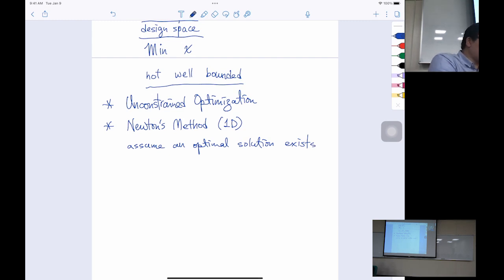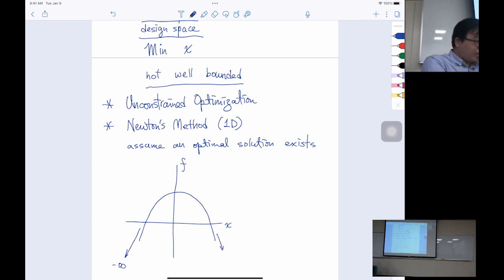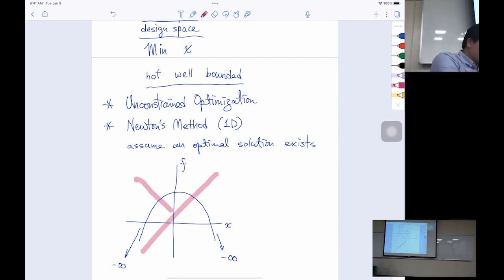So if I give you a function like this, and we are minimizing it, this goes to negative infinity. If I go on the right hand side, this goes to negative infinity. It doesn't stop. So this is not the problem we are solving, because for this kind of problem, we will say the solution doesn't exist, because when it reaches negative infinity, we cannot define what it is.